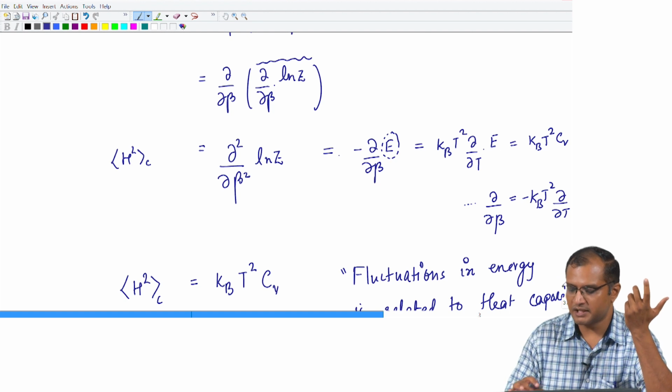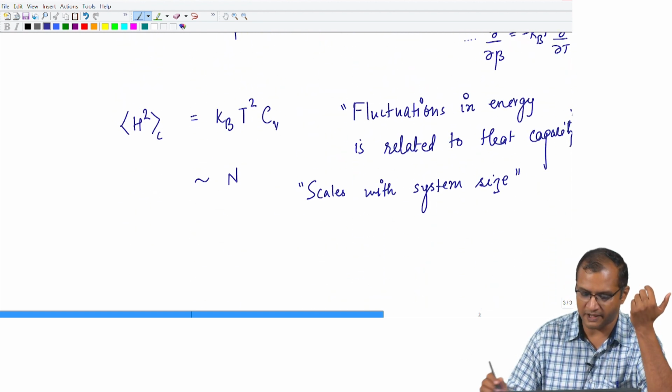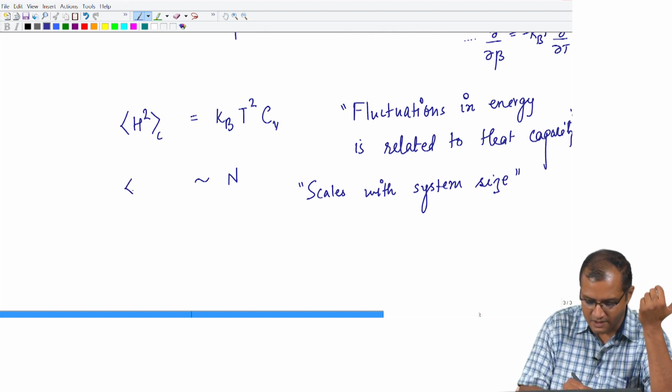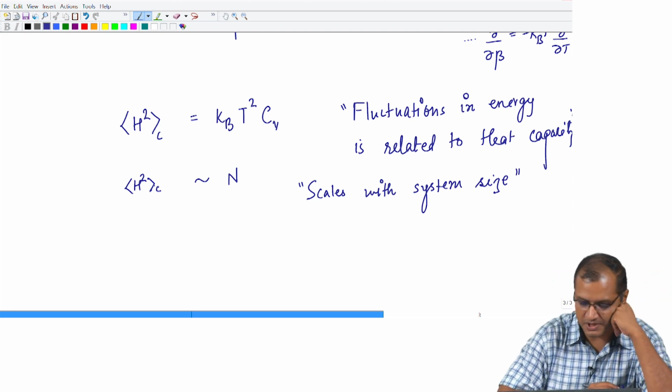The entire quantity here is extensive, and so it is not surprising that we find our variance of energy, or second cumulant of the Hamiltonian, to scale with system size.